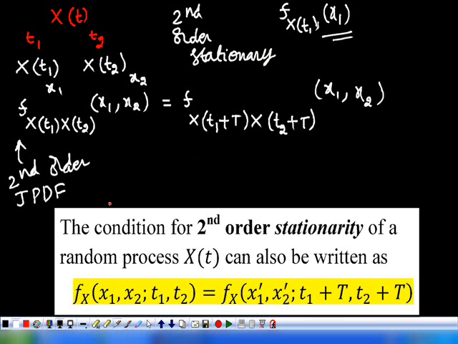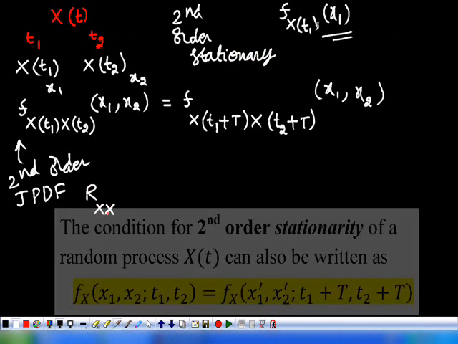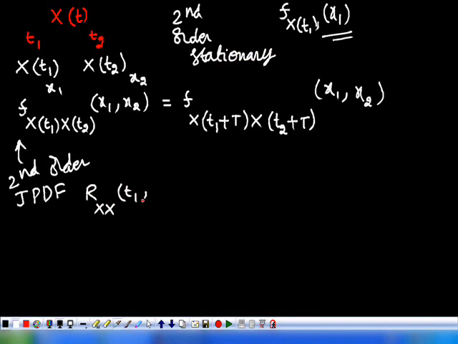So here, as we consider the joint density function, we can write Rxx of T1 comma T2 as equivalent to the expectation of x of T1 into x of T2.